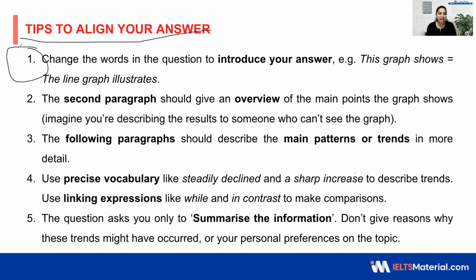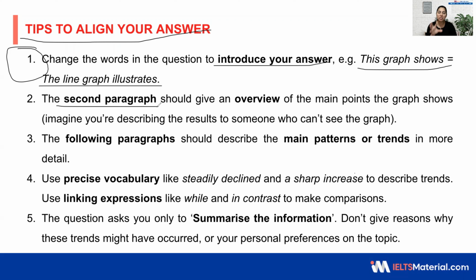First, I will write the introductory paragraph by introducing my answer as: this graph shows will be converted into properly analyzing the exact type of the graph, that is, the line graph illustrates. That is, I have properly understood what type of graph it is, and finally I give my answer by changing the word shows into illustrates.